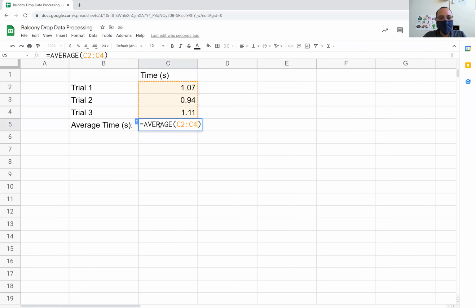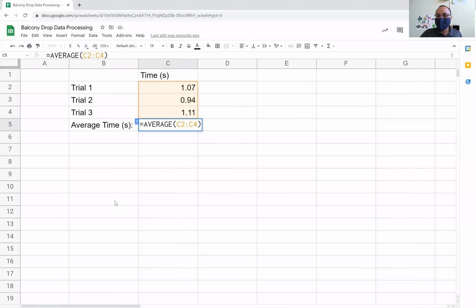And then right there, in that little cell below all of my times, Google Sheets will calculate an average for me. This average function is going to operate over the cells C2 through C4 right here. Let me annotate that with my stylus.